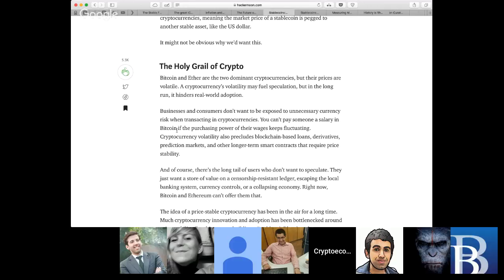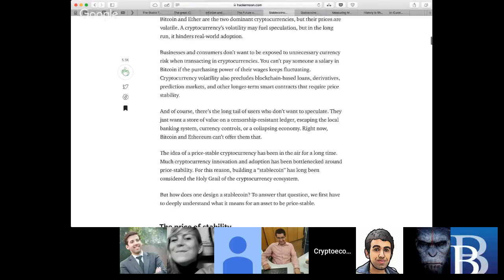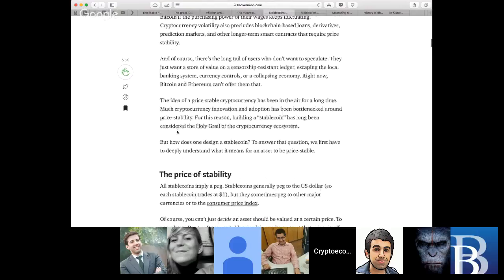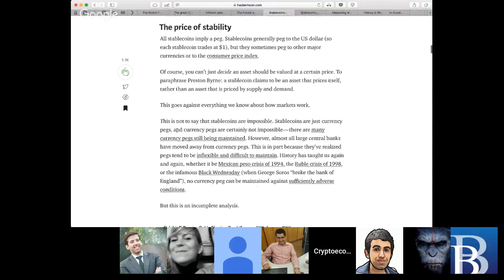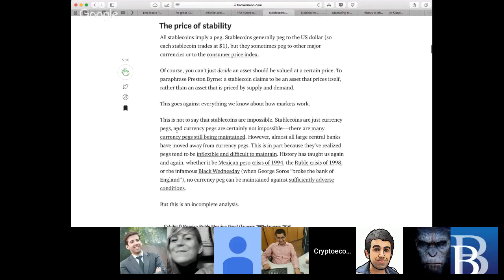So the holy grail of crypto seems to be stable coins. Again, I'm not going to give my opinion now. It's just a summary of the article. And so, how do we design stable coins, right? I'll go over this bit quite fast.